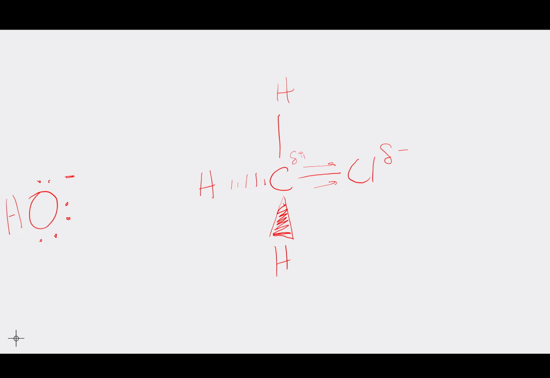Everything is understood there. What's going to happen now is that the large structure of chlorine specifically, or the large negative charge on chlorine, will cause the molecule to actually shift and look something like this.